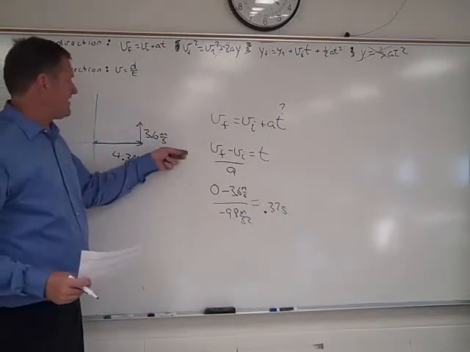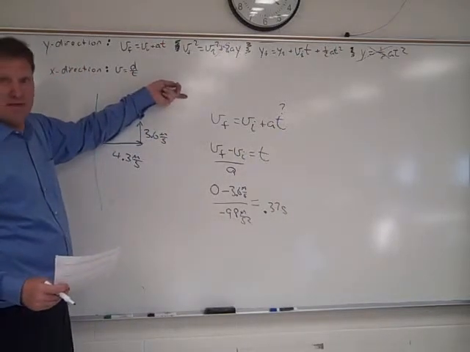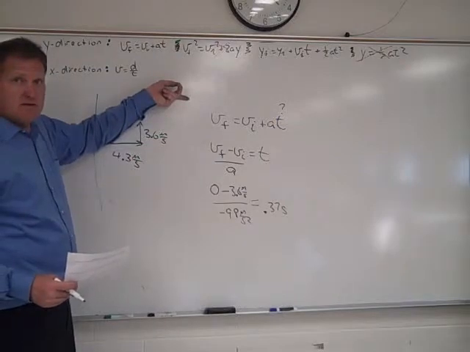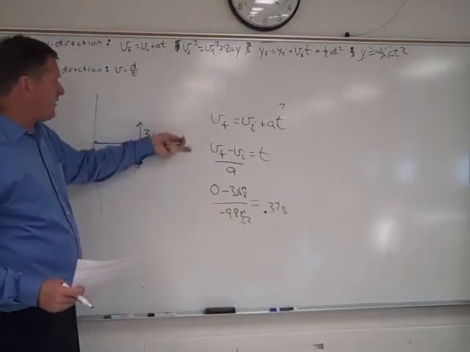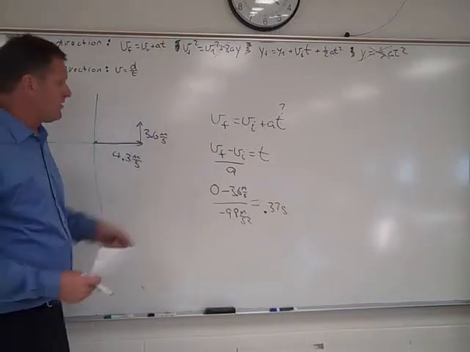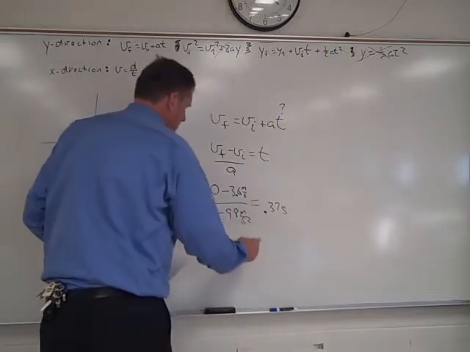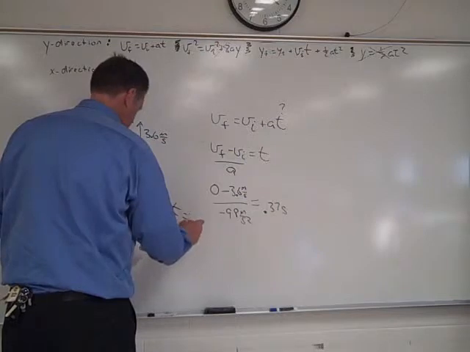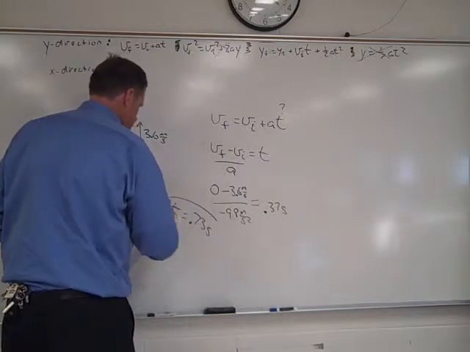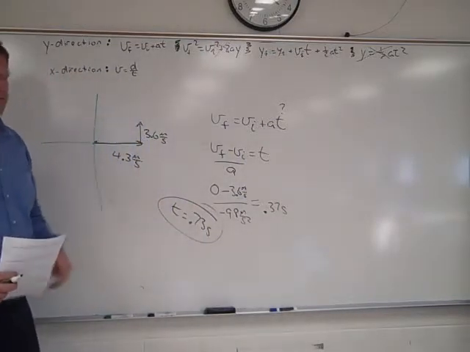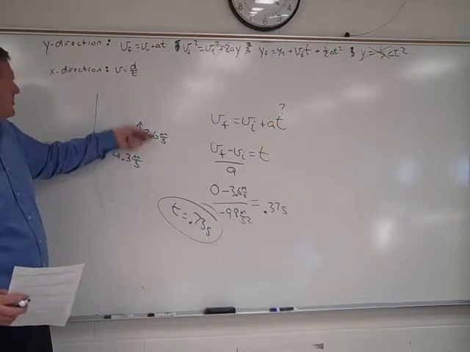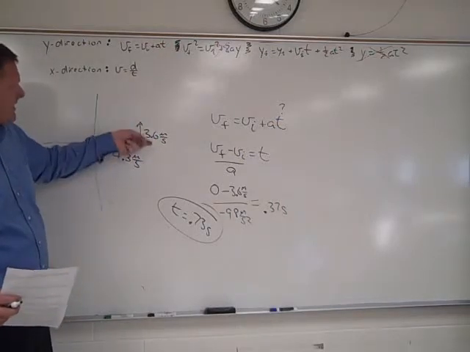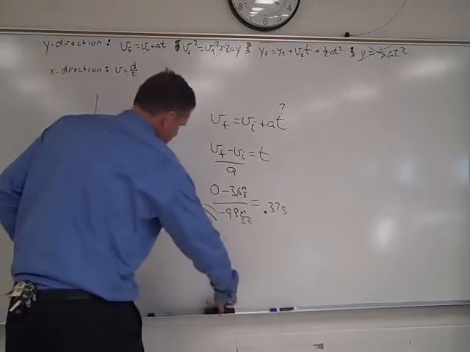That tells us how long it's going to be in the air if it's going up and stopping at its peak. So we have to add twice that amount to get it to come back down. So multiply this by 2, and our time is equal to 0.73 seconds. That's how long the bullet is going to be in the air, going up and back down.